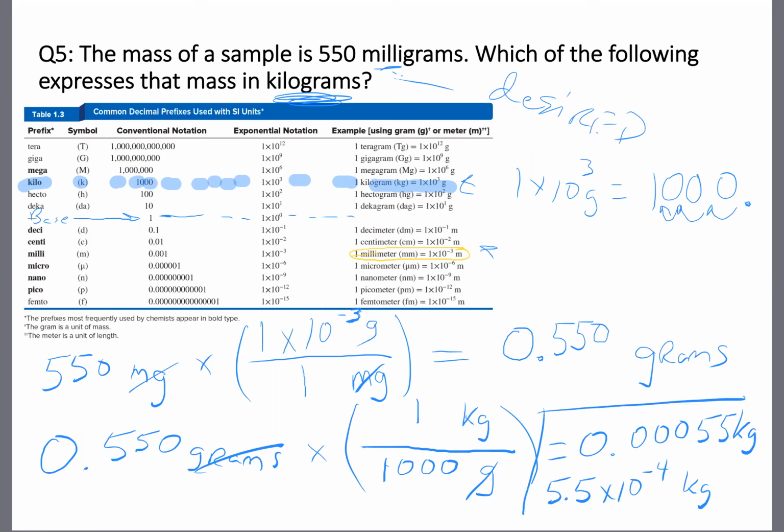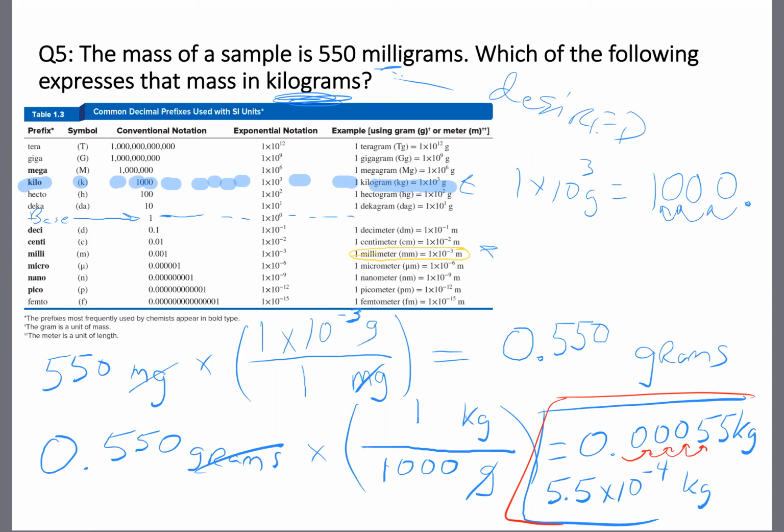Those are basically the same numbers, aren't they? Right? Because to get to the scientific notation, you had to move the decimal 1, 2, 3, 4 places to the right. So both of these would suffice as an acceptable answer for this particular problem.